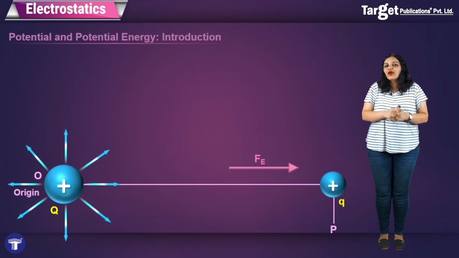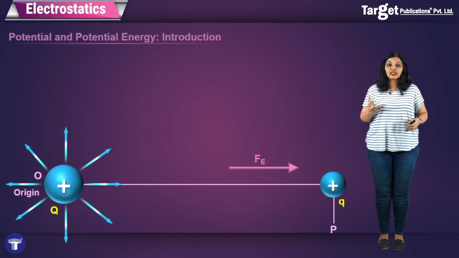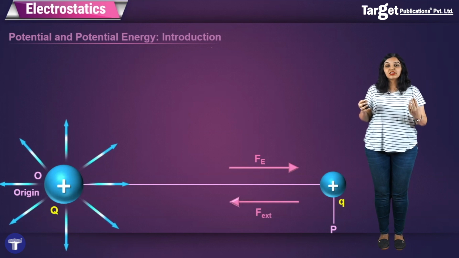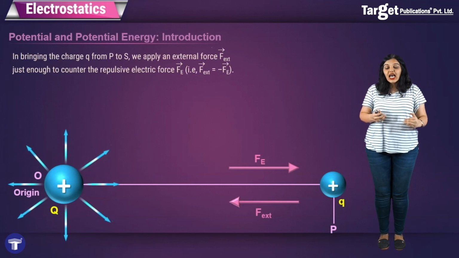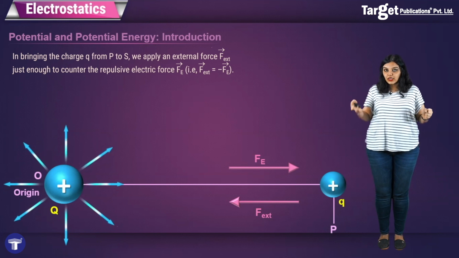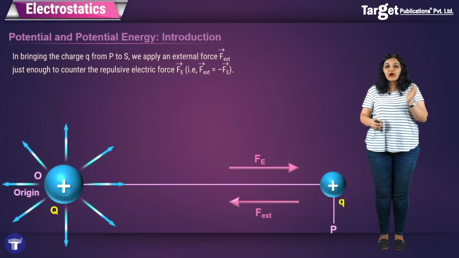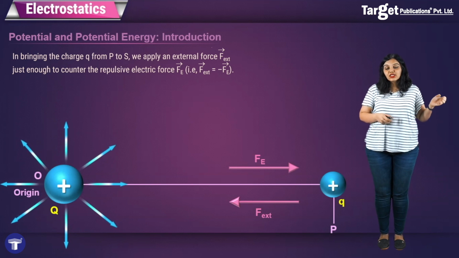So if I want to bring this small charge q closer towards the bigger charge capital Q, I will have to give an external force, and this force will be equal and opposite to the force exerted by capital Q. Only when you give an equal and opposite force will you be able to counter this repulsion and bring this charge closer and closer to capital Q.